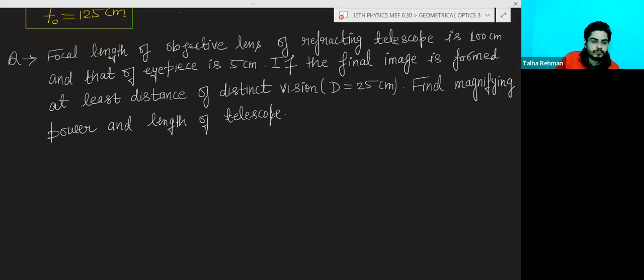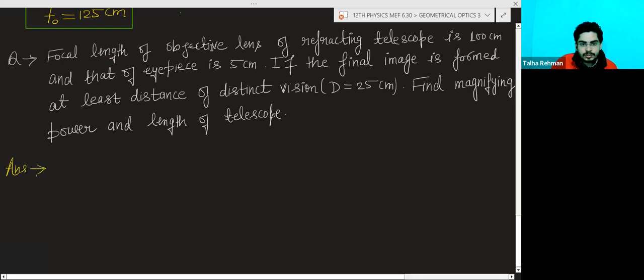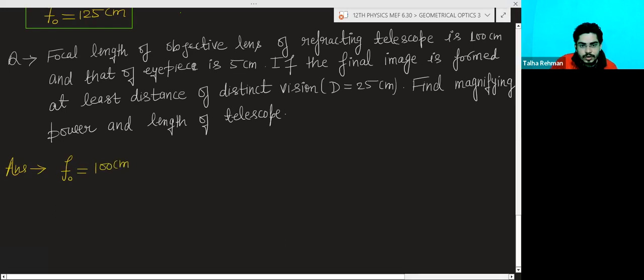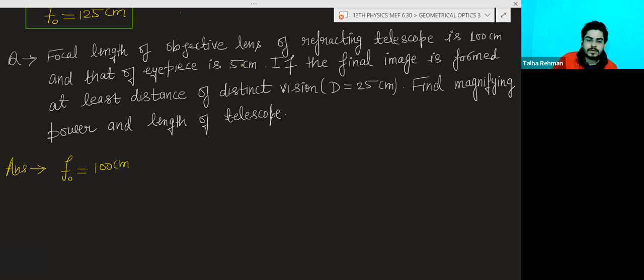What things are given in the question? First write down. The focal length of the objective lens is 100 centimeter, given. And the focal length of the eyepiece lens is also given, that is 5 centimeter.